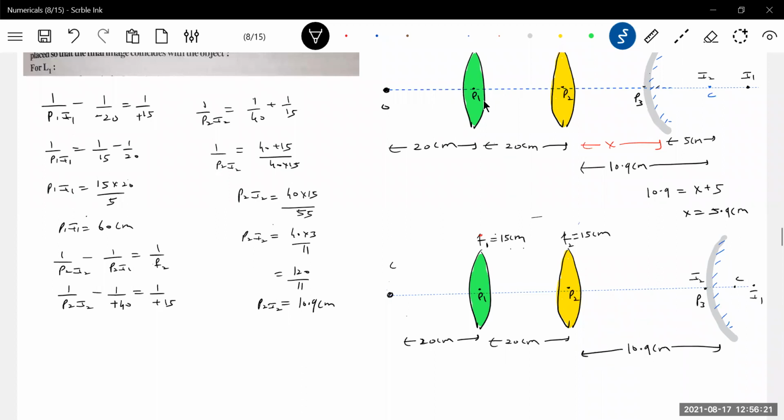Okay, so the ray diagram here, this will be. I'll shift a little bit down.